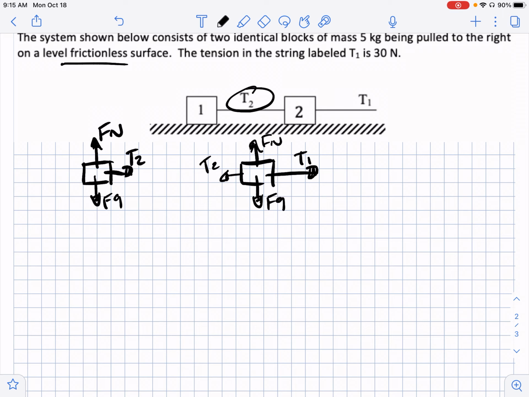And so from here, we'll go ahead and make our net force equations for both of these objects. For object 1, your net force equation is just equal to T2. For object 2, you have your net force equation T1 minus T2. And so since we're looking at this as a system of objects, not just an individual object, what we can do is we can go ahead and solve for a system of equations here.